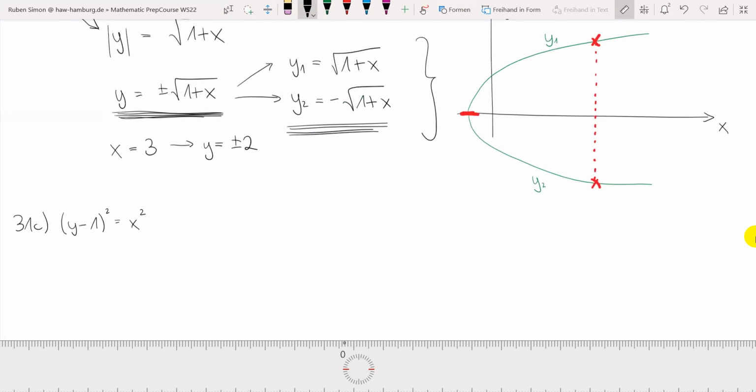How could we transform this into something like y equals something? Any idea?